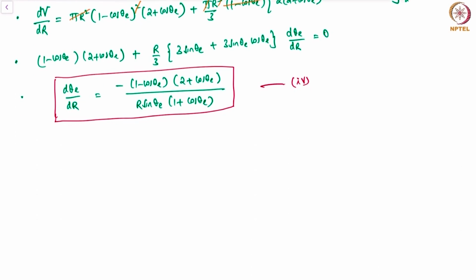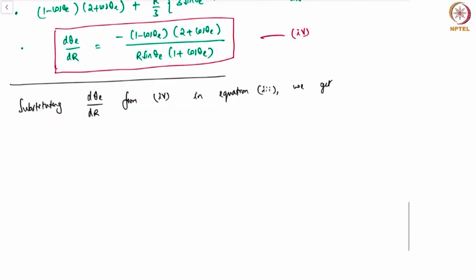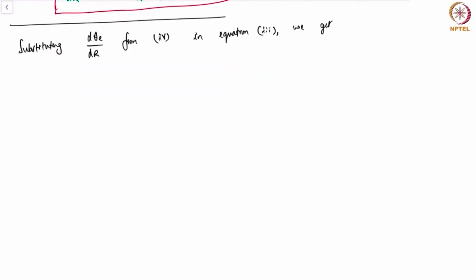So now we can actually take this forward. We have substituting d theta e by dr from equation 4 into 3, we get, so it's a little tedious, but let me first write it down.